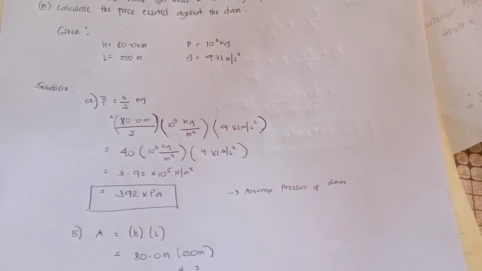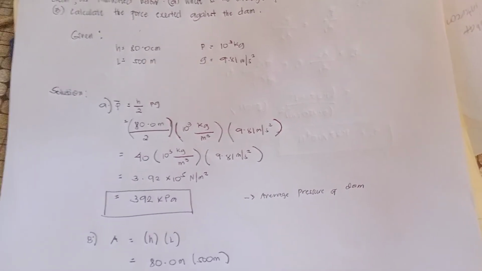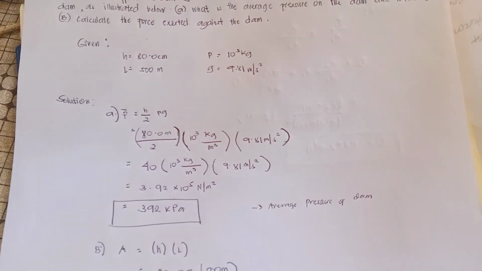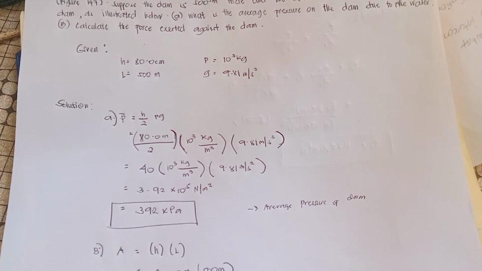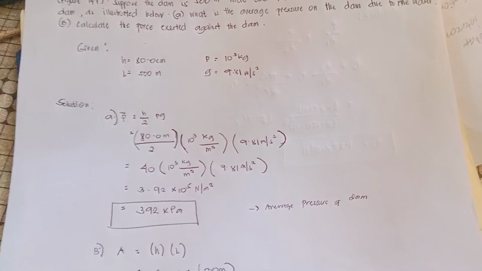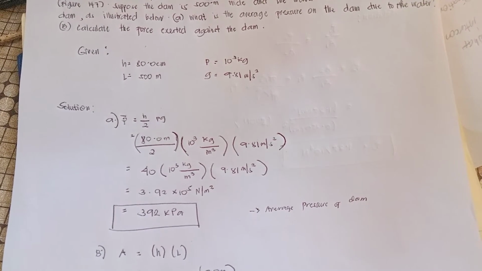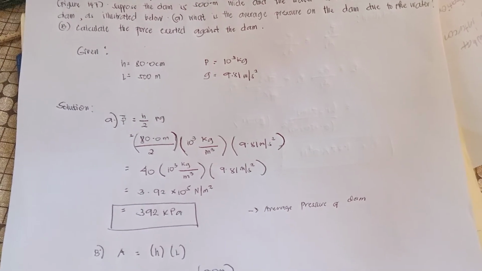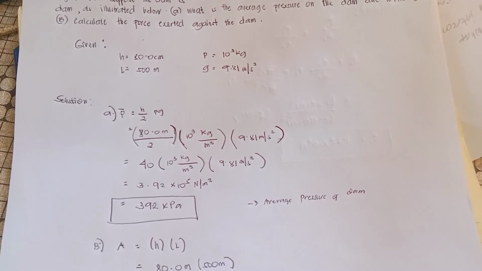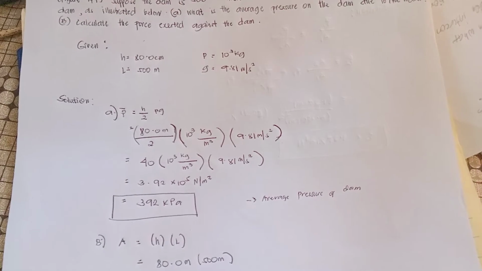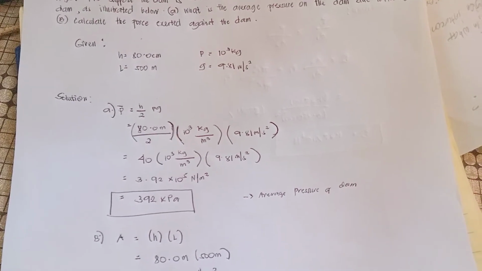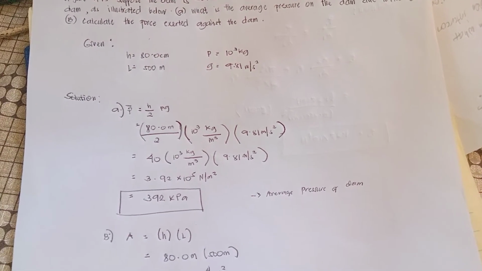So that is in scientific notation. So the answer we get is 3.92 times 10 to the raised power of 5, and then we convert it so it is no longer in scientific notation. So our average pressure of the dome is 392,000 Pascal.